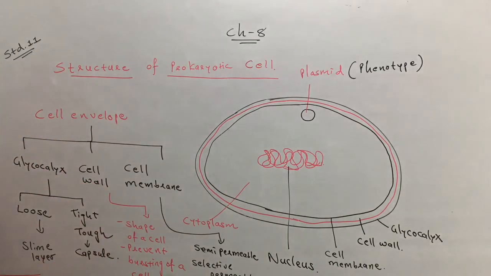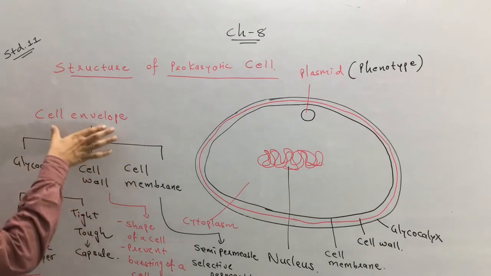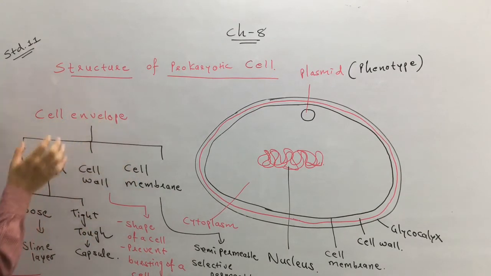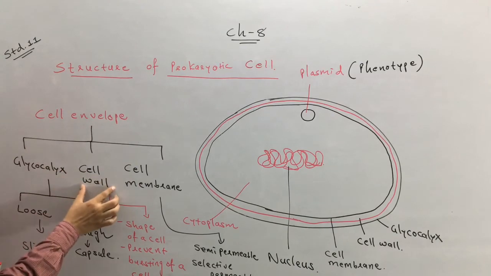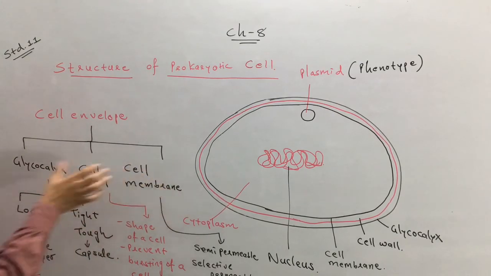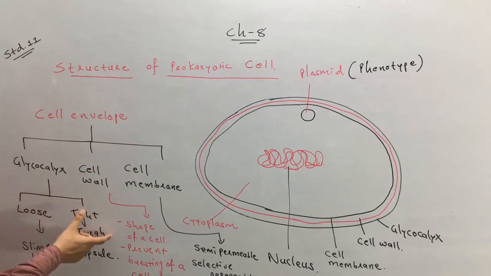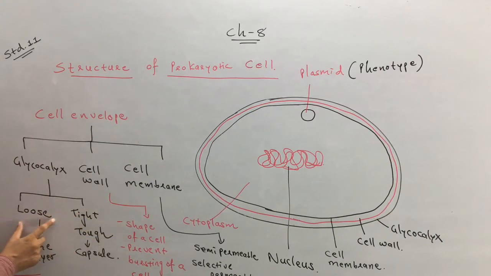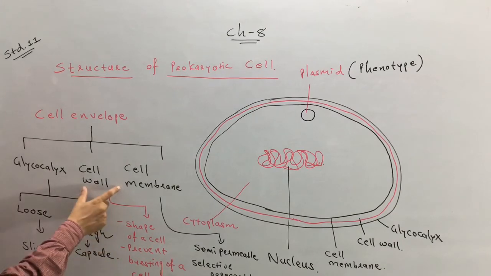So in short, three layers together form the cell envelope: glycocalyx, cell wall, and cell membrane. The glycocalyx may be loose, called a slime layer, or tight and tough, called a capsule. The middle layer is the cell wall.